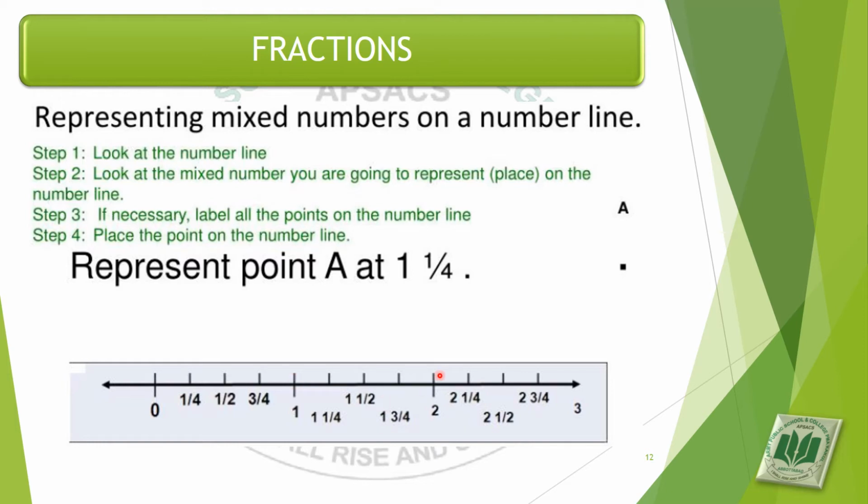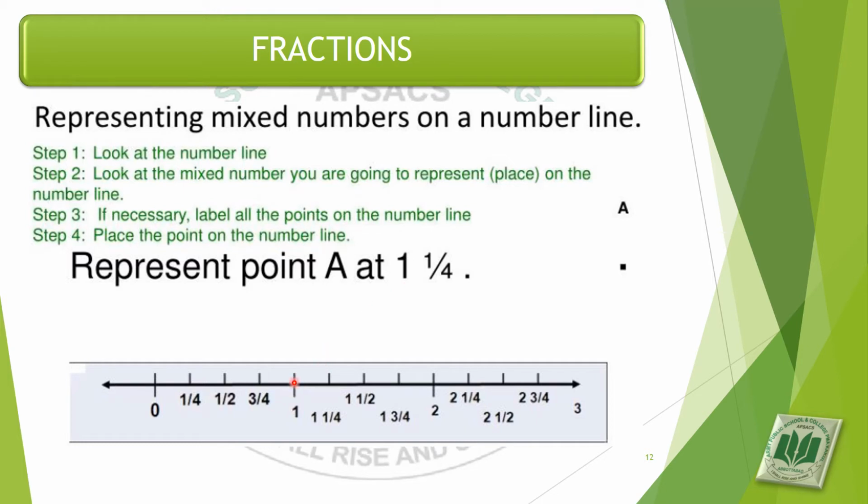Now, between 1 and 2, we will also divide this into 4 equal parts. This is 1 by 4, this is 2 by 4, 3 by 4 and 4 by 4. Now, to plot this number, that is 1 whole 1 by 4, this 1 whole means that this number lies after 1.